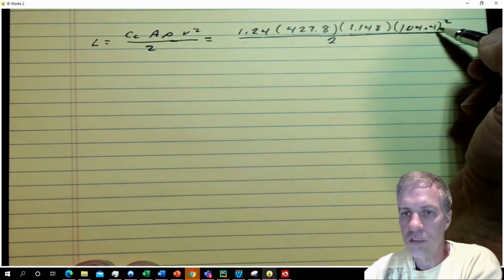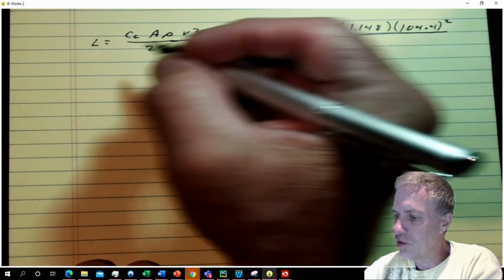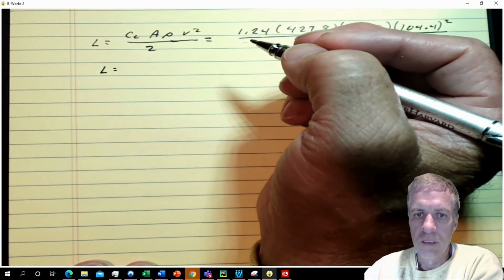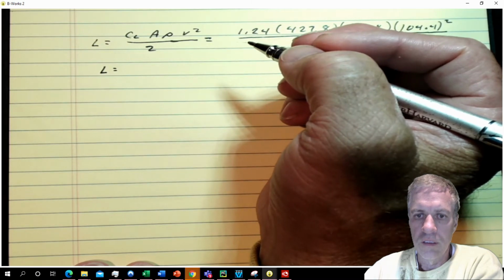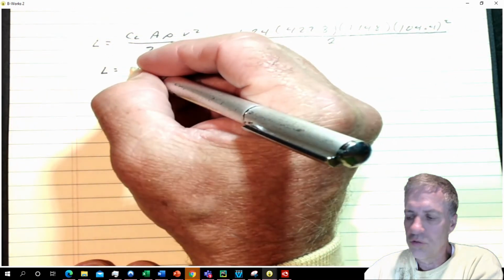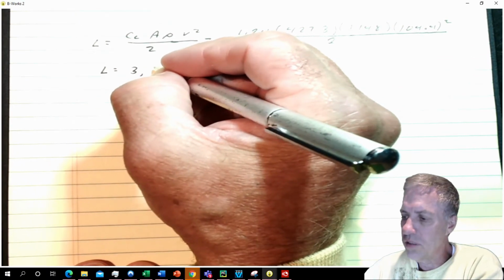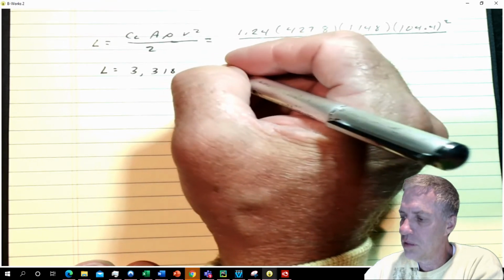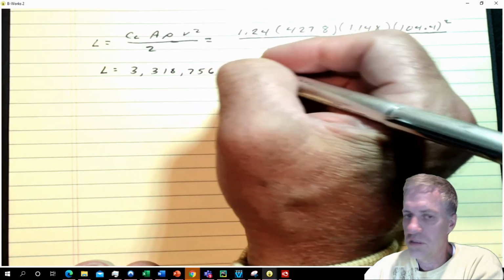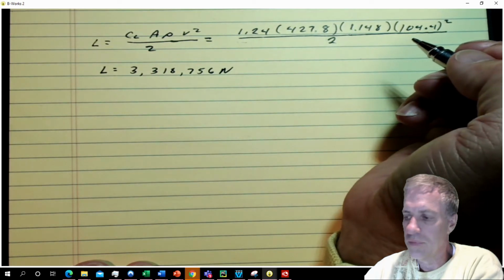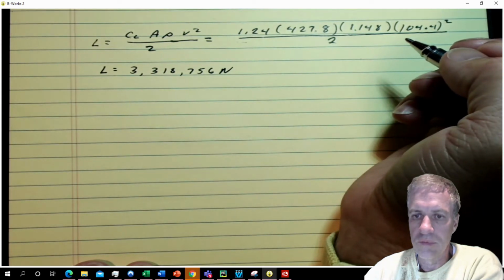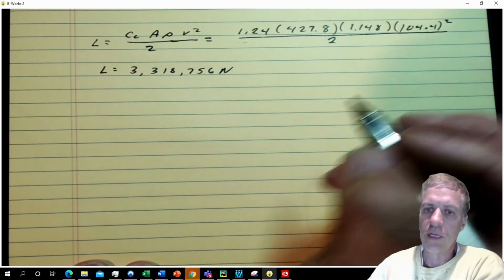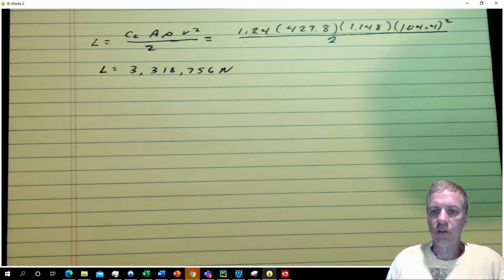So we just multiply straight across, divide by 2, and our lift comes out to 3,318,756 newtons. All right, so now take a minute and see if you can calculate the extra lift available.